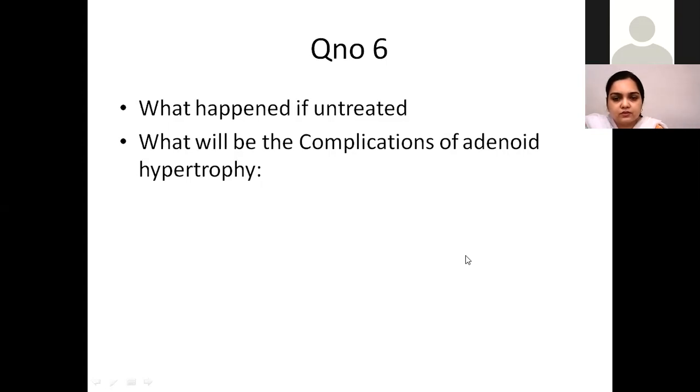Difference between the tonsillectomy in this case, okay, we will discuss. Very good: hearing problem and breathing problem. Later on, the adenoids will be found very swollen, and the patient can develop a breathing problem as well.